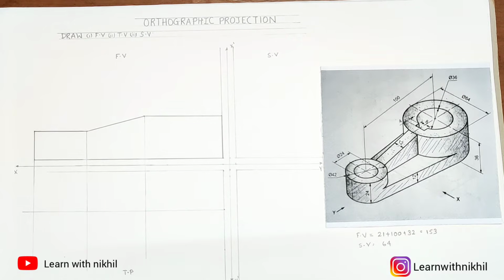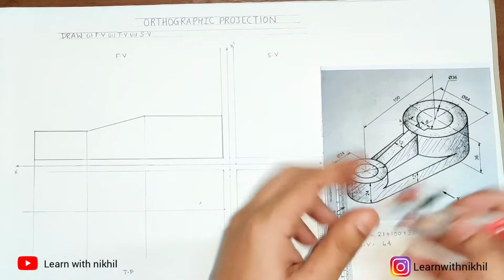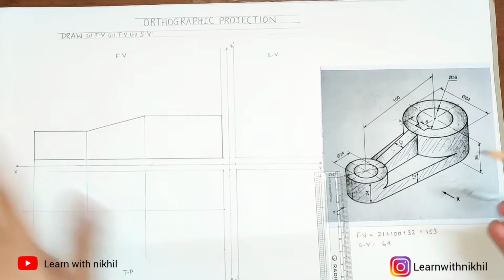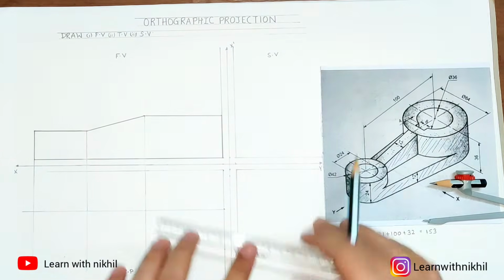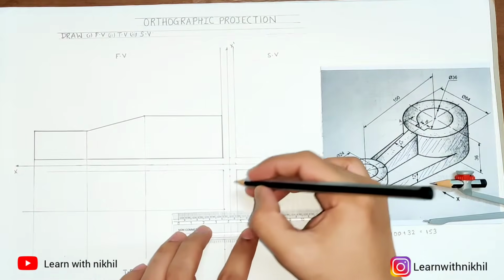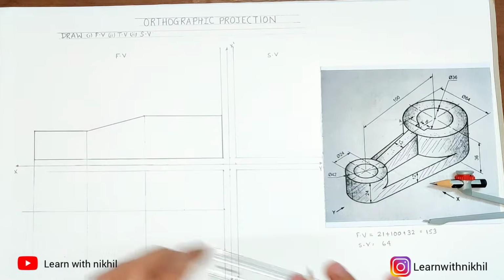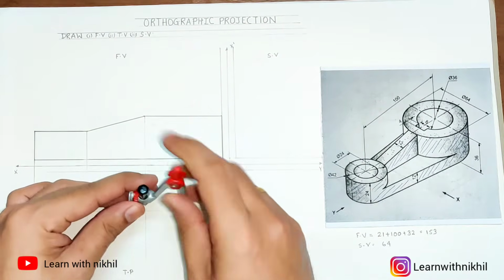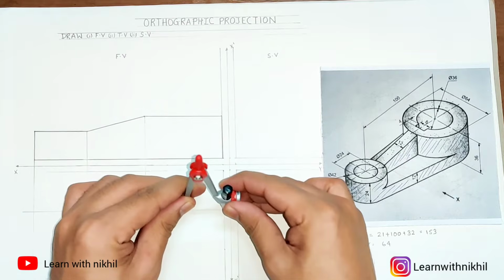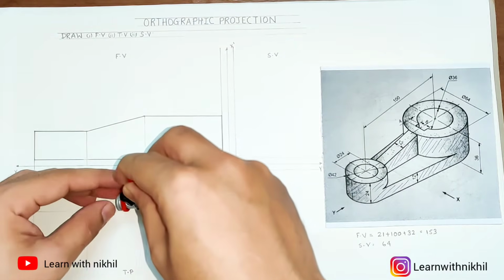Now finding the center point, as the outer diameter is 64, we'll first locate the center point. So from here 32 millimeter, we will draw a center point, and through that center point with radius as 32 millimeter, we will draw the outer circle.